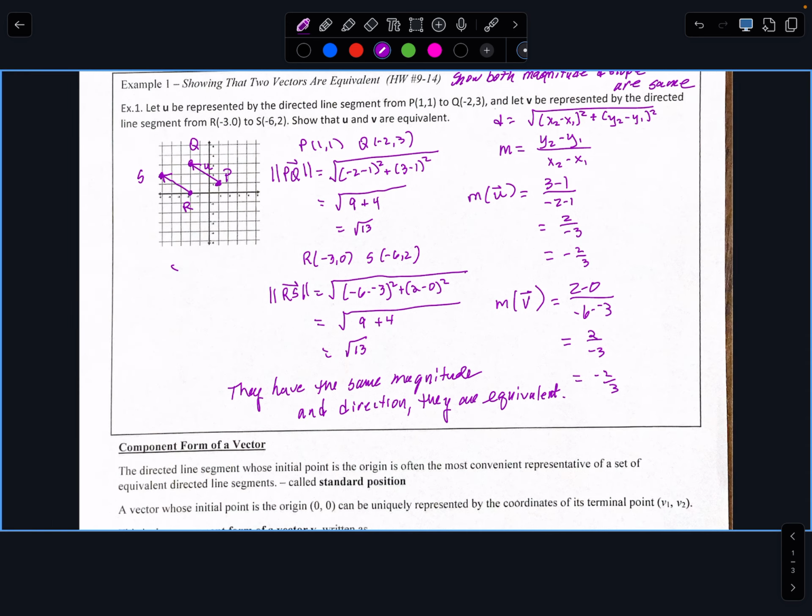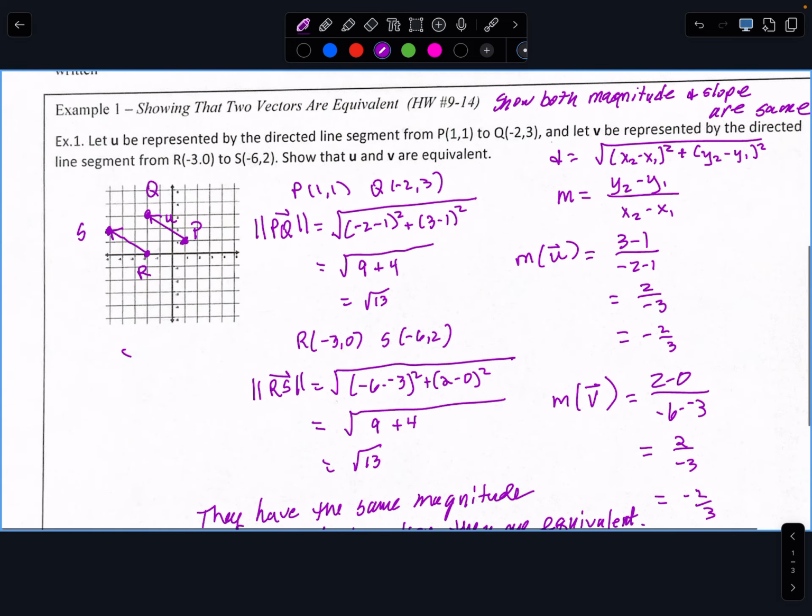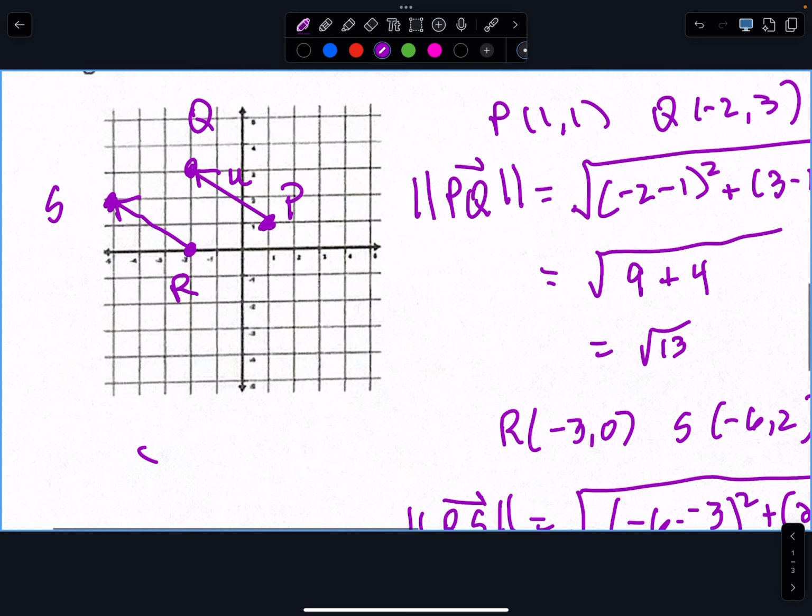All right, so we have a component form of vectors that just makes some of these calculations a little bit easier. So I'm just going to use this QP up here just kind of quickly. From P, I can create this right triangle.